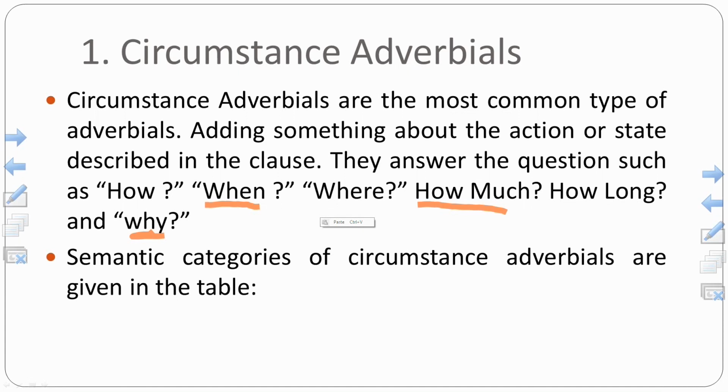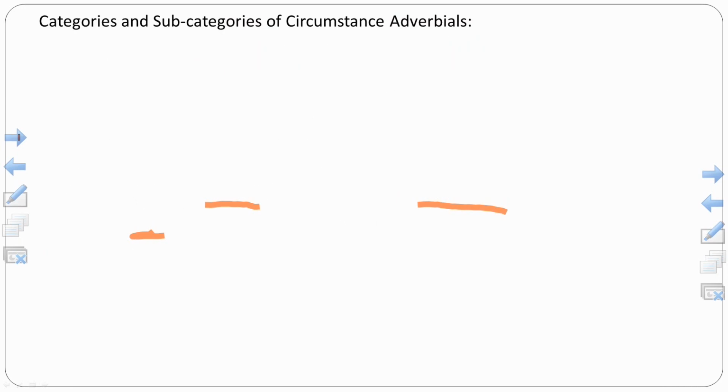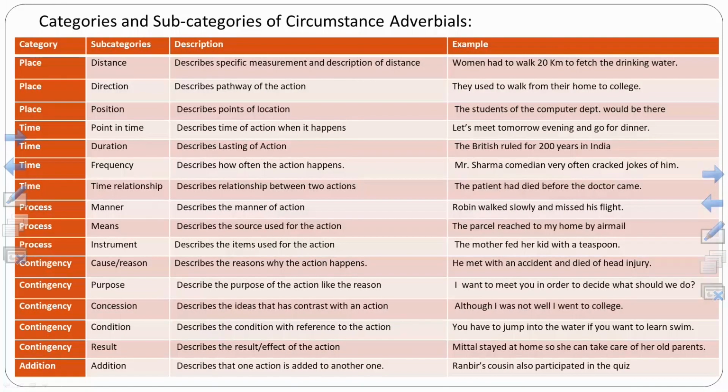We'll go in the next table in detail, how the categories of circumstance adverbials can be seen. Now look at this table. Now we'll see this table in detail. As you can see, the category, the subcategory, the description, and the example of that adverbial is given completely in the last column.